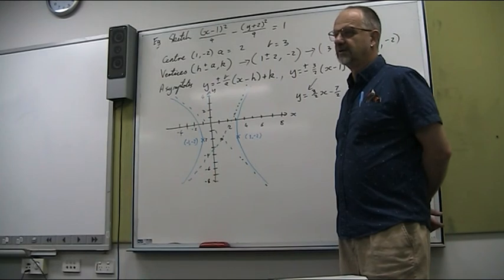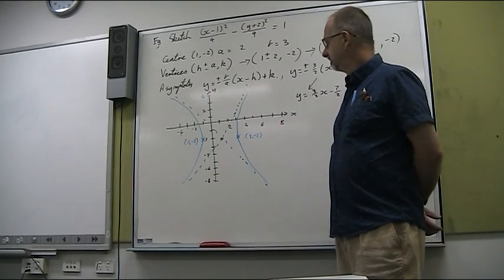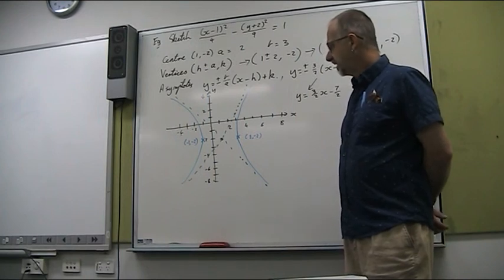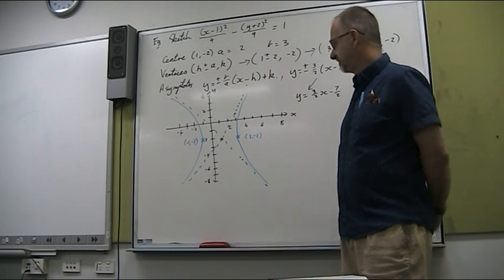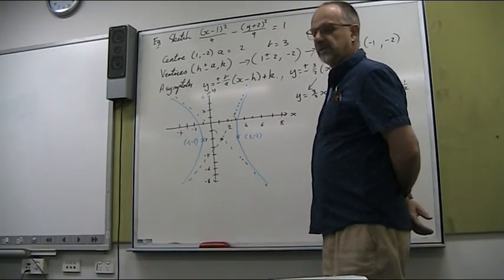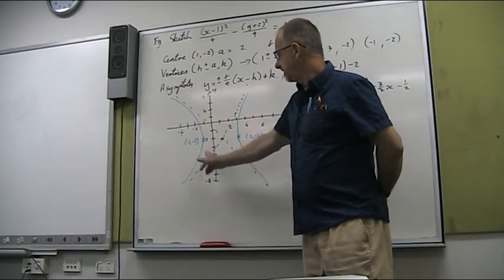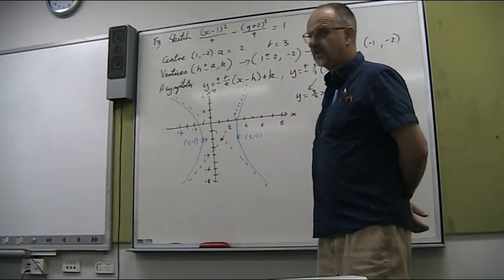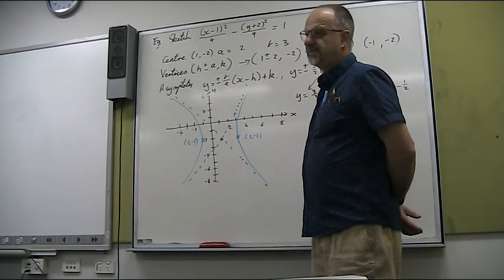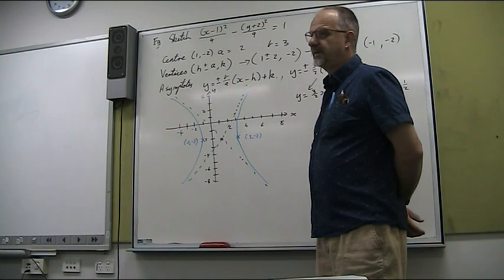Y equals 0 to find your x-intercepts. This one doesn't have any y-intercepts, but they may have y-intercepts if it was moved across here a bit more. So we don't need it on. Not unless you're specifically asked for them, I wouldn't think, no.